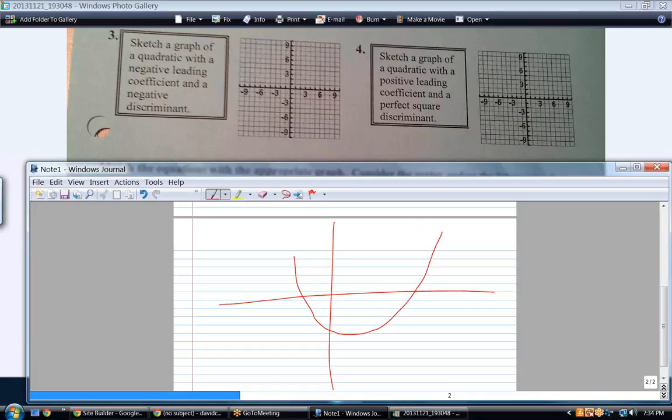Like 25? Yeah. Okay. Like doing all the math inside the discriminant. Oh, I see. If it's a perfect square, then it has to be rational. If it's not a perfect square, it has to be irrational. Okay. Yeah. All right.